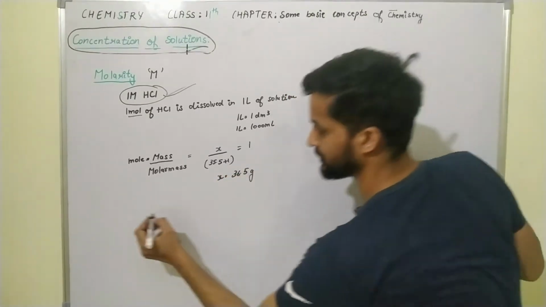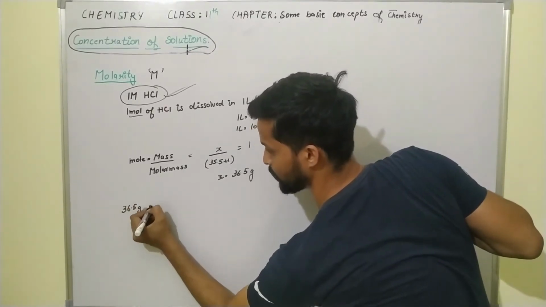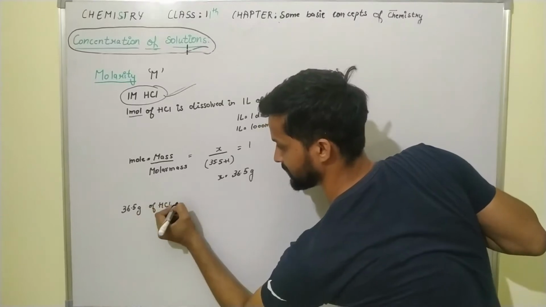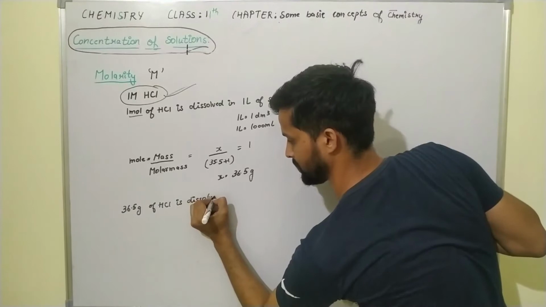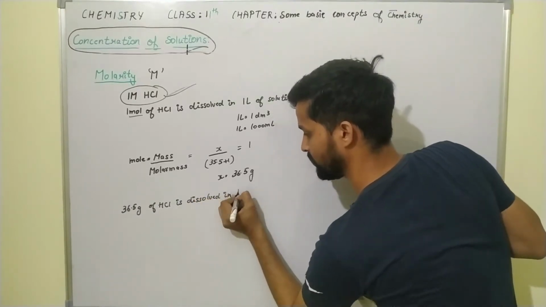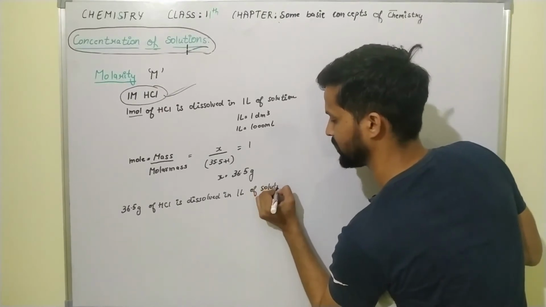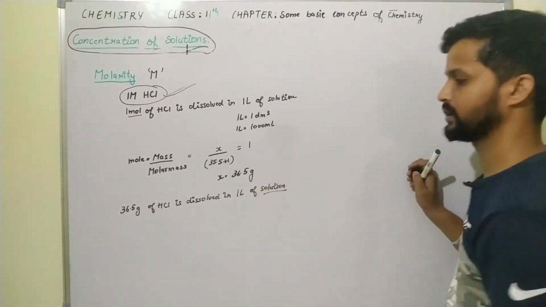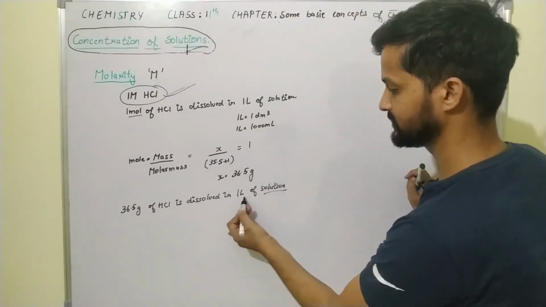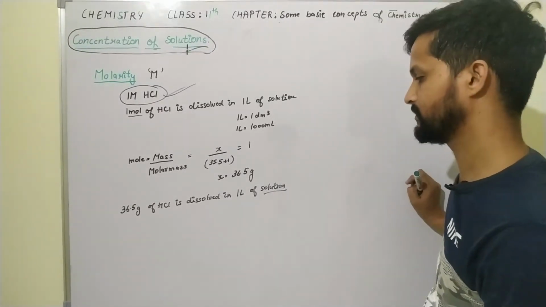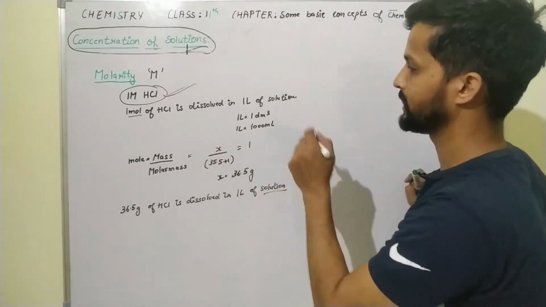So it means 36.5 gram of HCl is dissolved in 1 liter of solution. Either you can take solution or solvent. So here 36.5 gram of HCl is dissolved in 1 liter of solution which is water. Clear? So this is the meaning of molarity, the practical meaning.